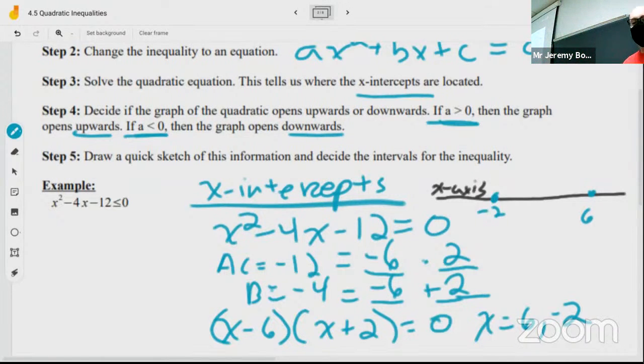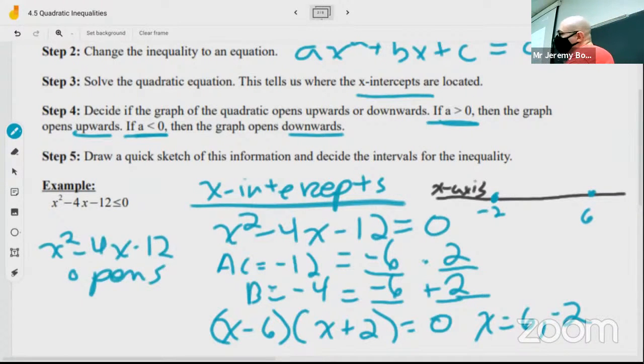Which way does this open up? Which way does x squared minus 4x minus 12 open? Up or down? What's the a value? Just a 1, right?